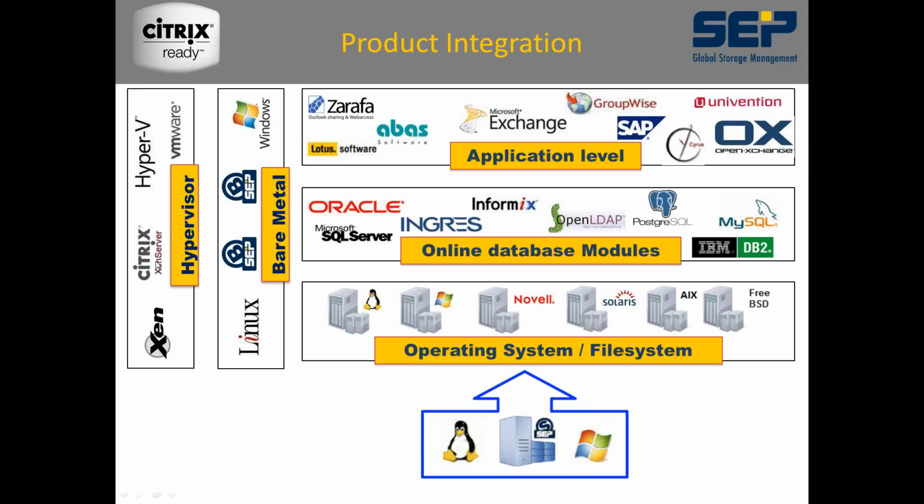All major hypervisors are here, and the three huge ones obviously are VMware, Citrix XenServer, Hyper-V, and Xen open source. Almost everything else is actually based off of this. As far as bare metal goes, we do bare metal backups and restores for Windows and Linux environments. If you have needs for those, we will talk a little bit more about how that works later in the slides.